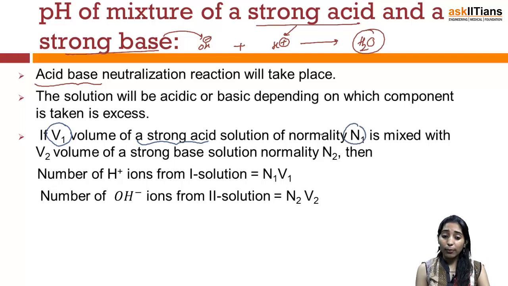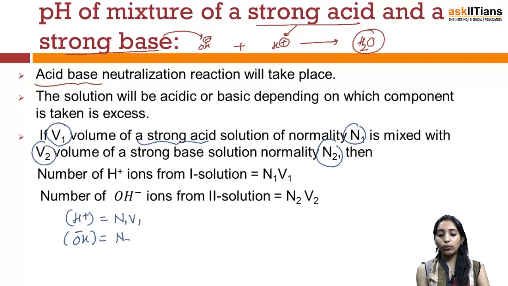That means the number of moles of H positive given to me will be N1 V1. Now if this is mixed with volume V2 of a strong basic solution of normality N2, that means the number of moles of OH minus given to me is N2 V2.